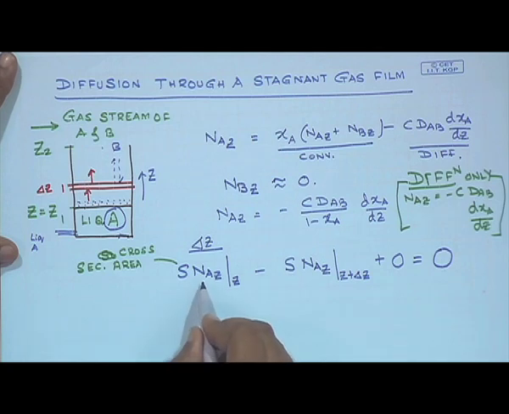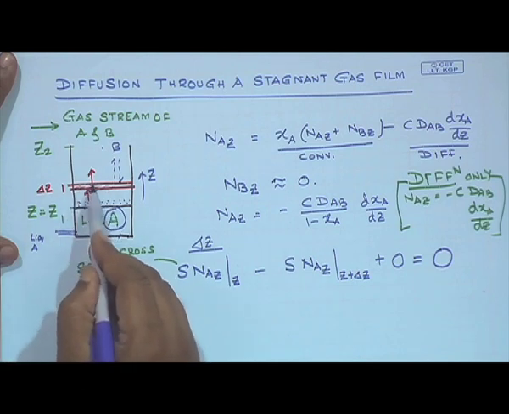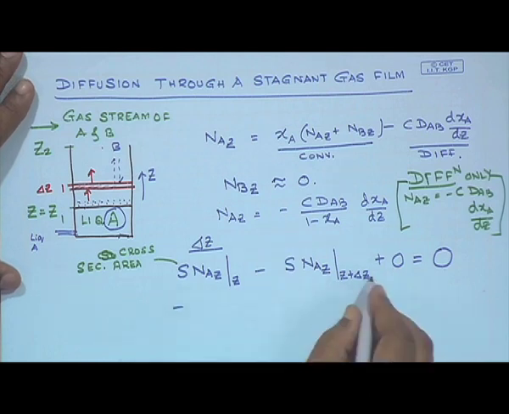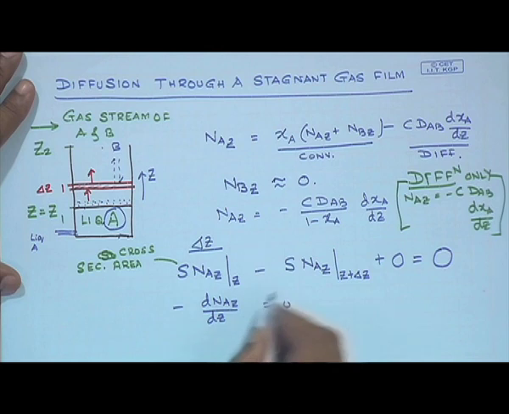So, the rate of the number of molecules of A coming into this imaginary shell and what is going out must be equal. This can then be divided by delta z, and what you have then is dN_Az by dz equal to 0, and I put the expression of N_Az from here.